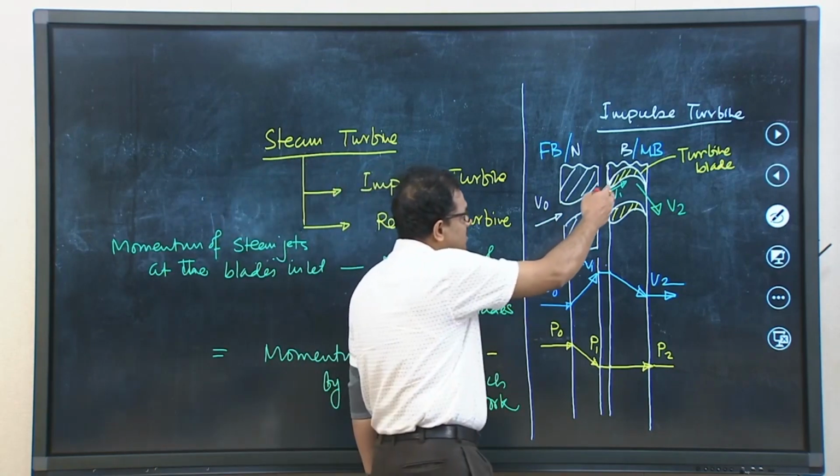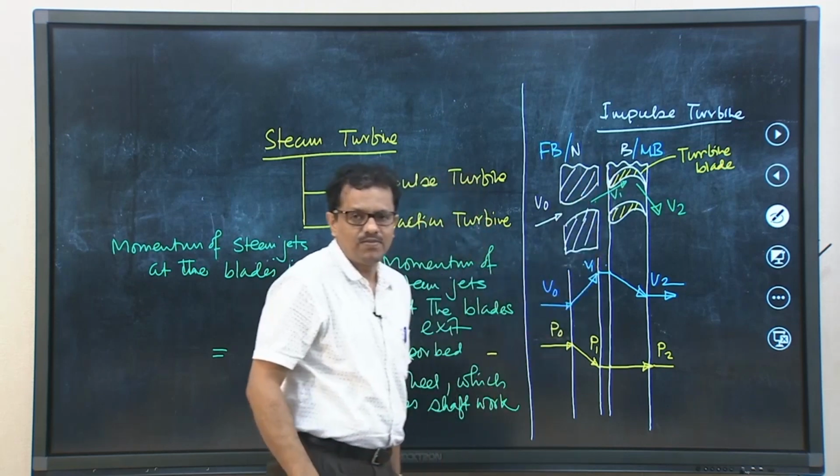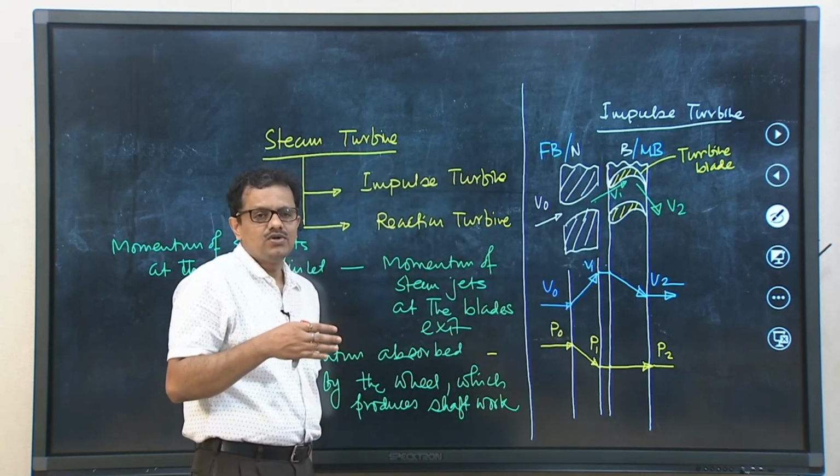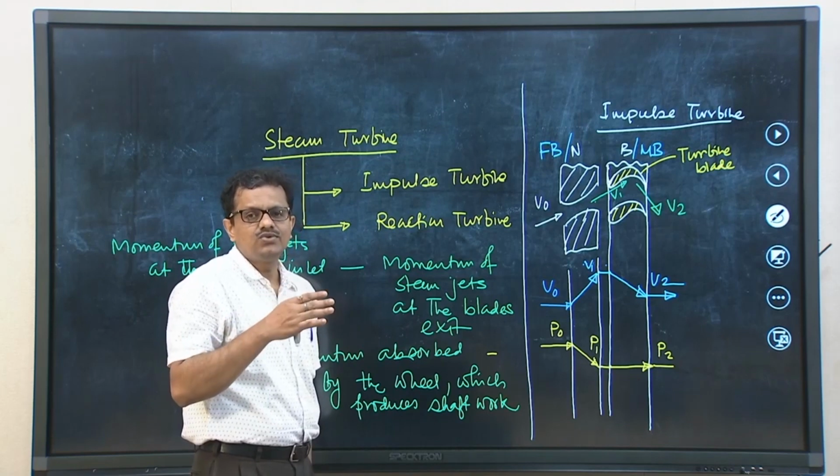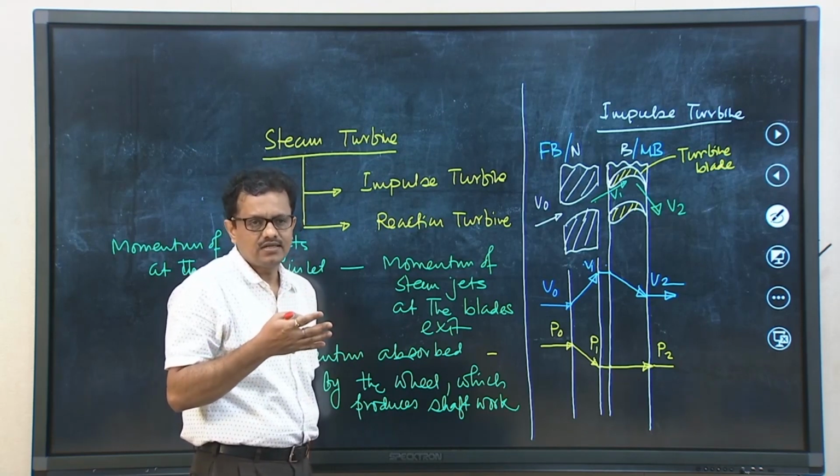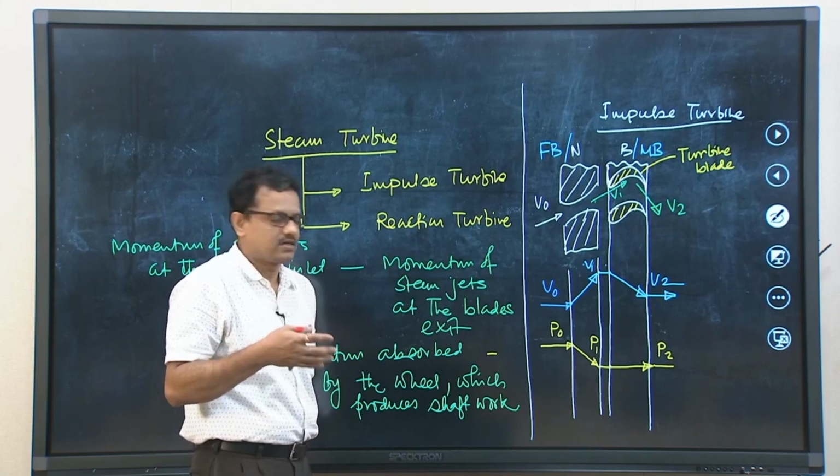So, the row of moving blades is rotating solely due to change in momentum of the flowing jet, and that is the impulsive effect.